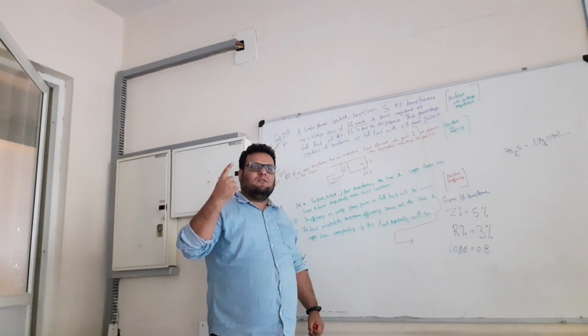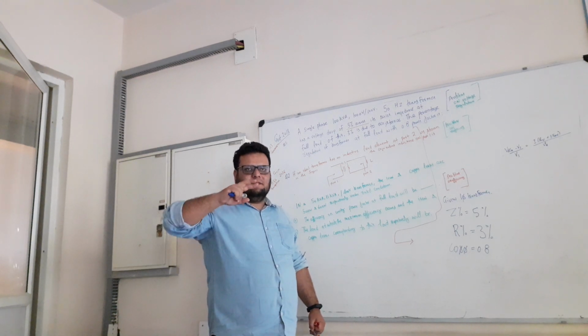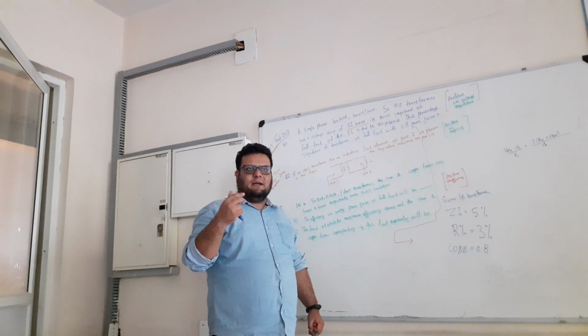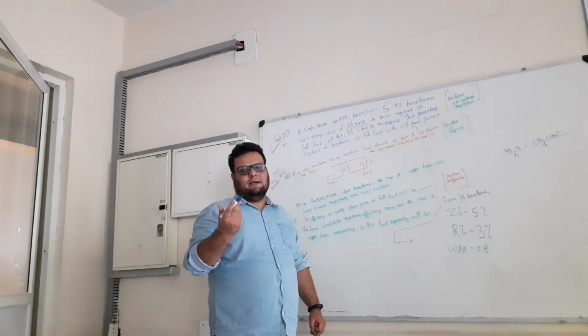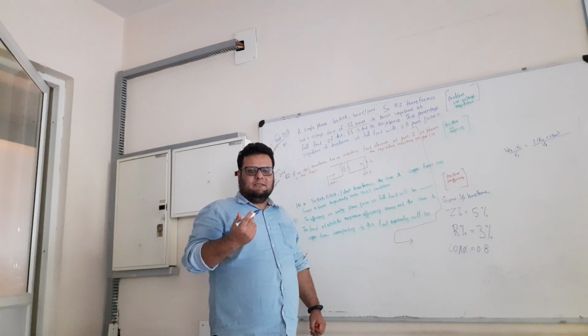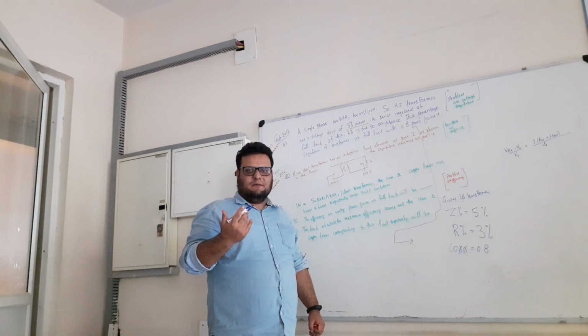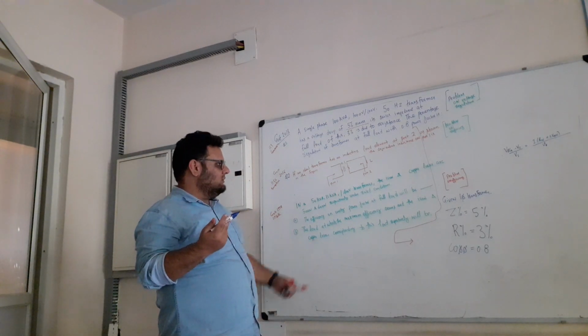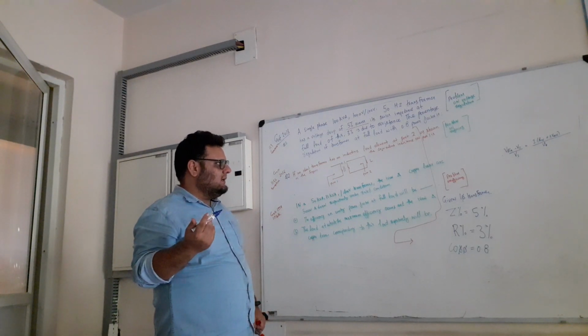So we can load the transformer anywhere between 0 and 1. This depends upon the value of current. That's why we say that our copper loss depends upon the current, and the constant losses depend upon the voltages. So the full load copper loss will govern your efficiency, which we'll study in the third question. So let's concentrate on this question.